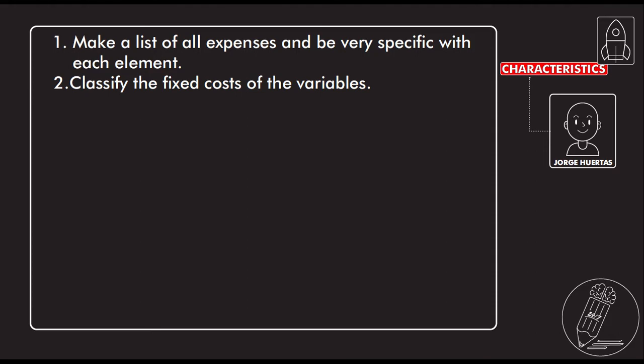That is very important. Fixed costs are the things that are essential for your development. I mean, you need to have a computer, you need to pay utilities. All of those are things that you cannot change and are necessary for your business to work. The variables are the things that change.